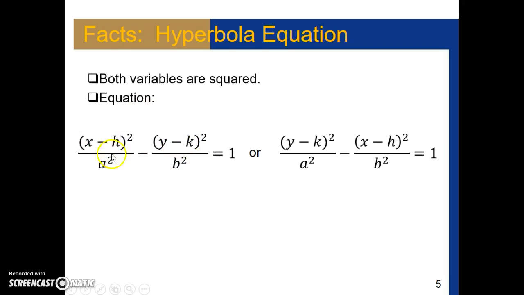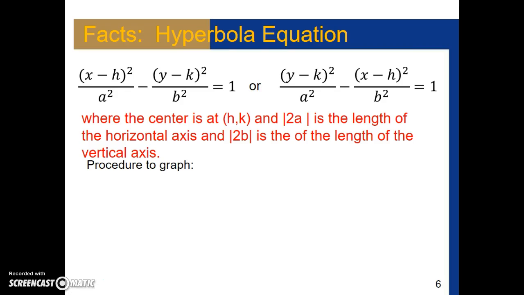So we always just listed the x information first and then the y information. Well, now with the minus sign, it matters whether the y term is subtracted or whether the x term is subtracted. And that has everything to do with the transverse axis and that major axis, which direction it's going to go in. So we're going to have to watch that very carefully when we do our work.